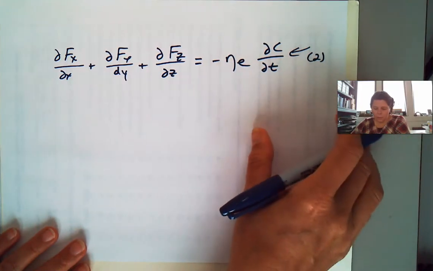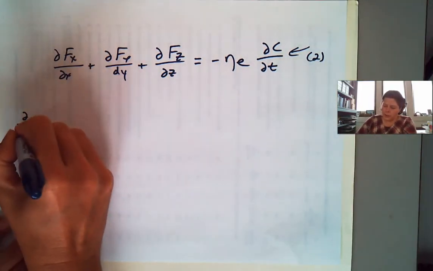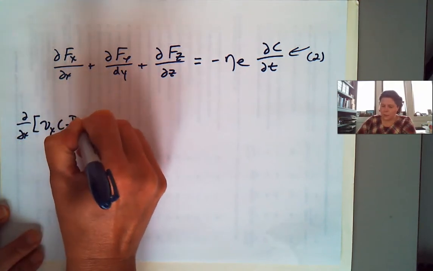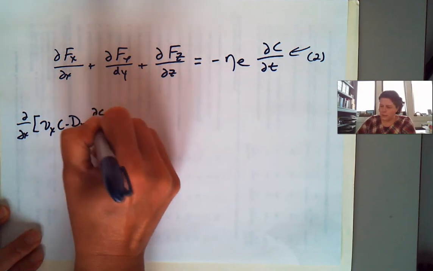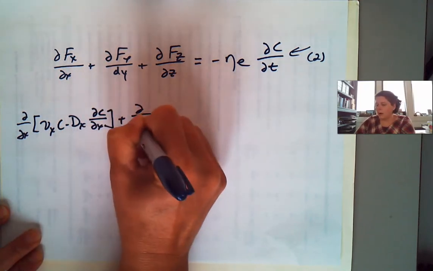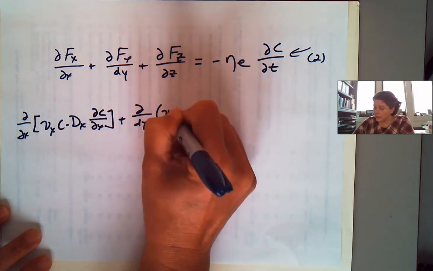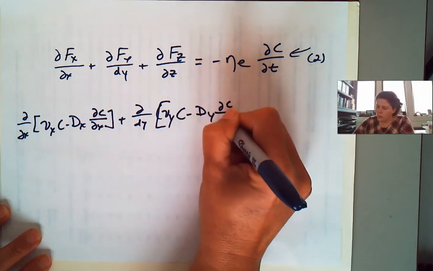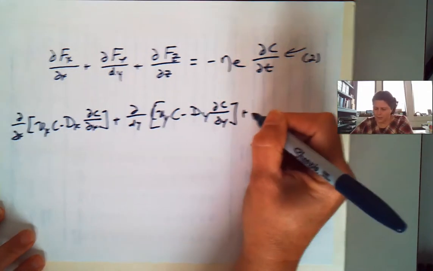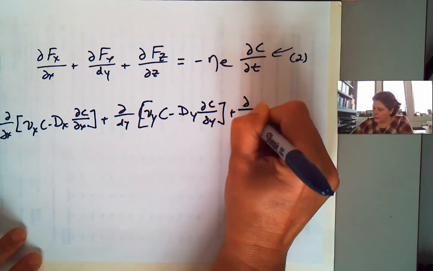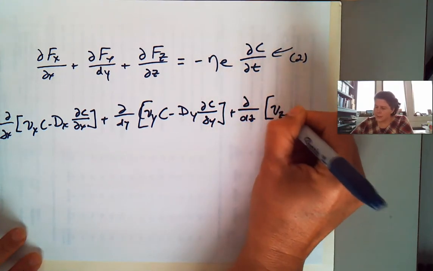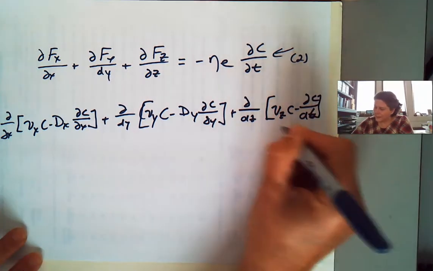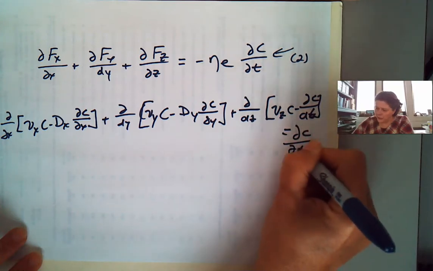When we do all of that, we end up with the change in x, our velocity in x, minus our dispersion in the x direction, plus the velocity in the y direction and the dispersion in the y direction, plus the velocity in the z direction and the dispersion in the z direction, equals the change in concentration over the change in time.